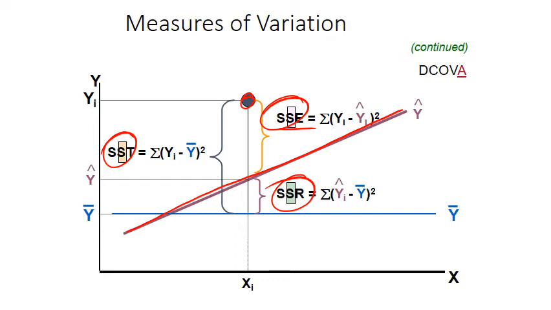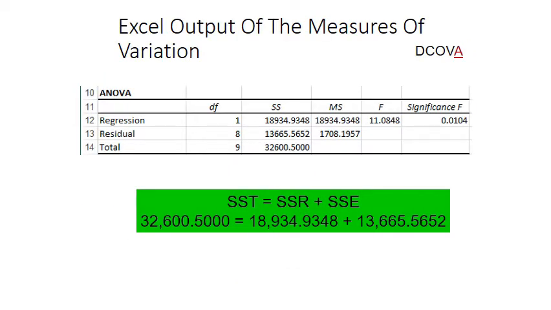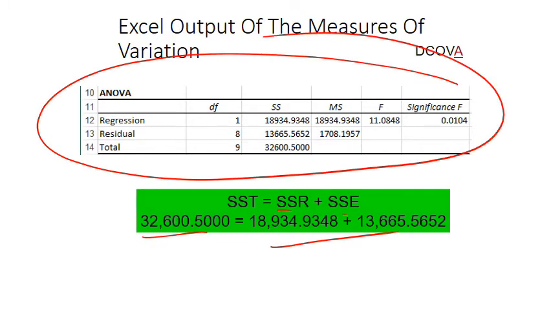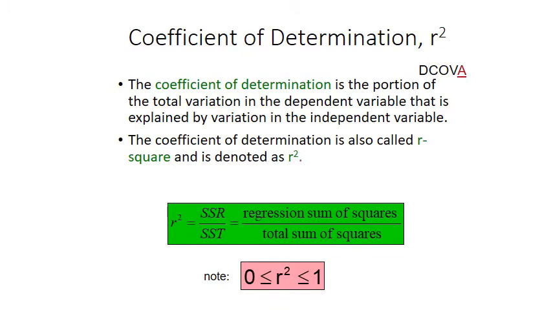SSR represents how close the fitted values are to the mean value. We can calculate SST, SSR, and SSE through Excel, but we will do it manually, and I will give you some direct formulas to calculate it.